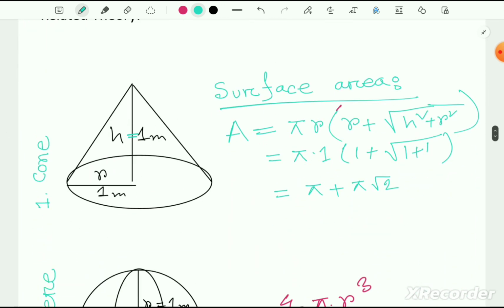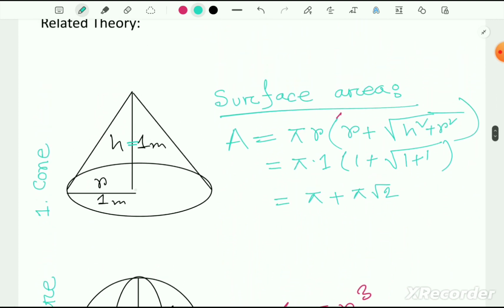First option is the cone, which has radius 1 and height also 1 meter. To find the surface area of a cone, we use this formula: pi r times (r plus square root of s square plus r square), and it gives us pi plus pi root 2.